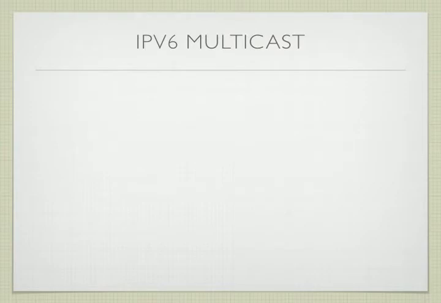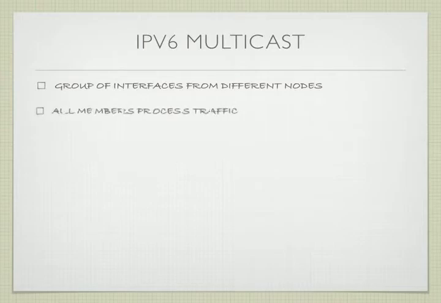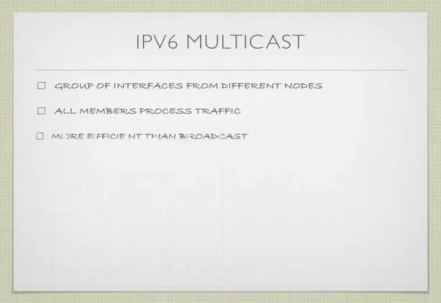Multicast in IPv6. This is a group of interfaces that all belong to different nodes. All of the members of a multicast group are supposed to process the traffic as they receive it. And this is a way, just as in IPv4, to be more efficient than broadcast.